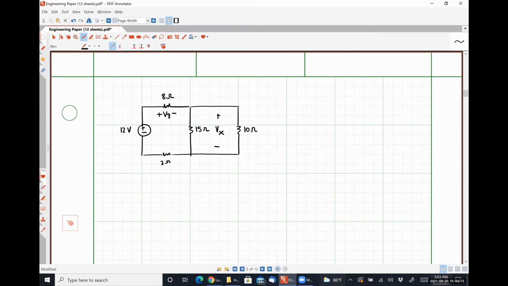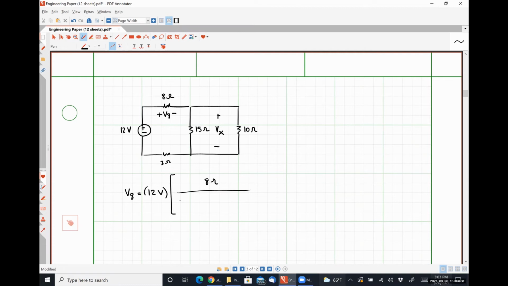Or you could say V8 is 12 volts times my 8 ohm resistor, which is going to go here in my numerator, because I always put the resistor I'm interested in in the numerator. And then in my denominator, it's just my series combination, right?